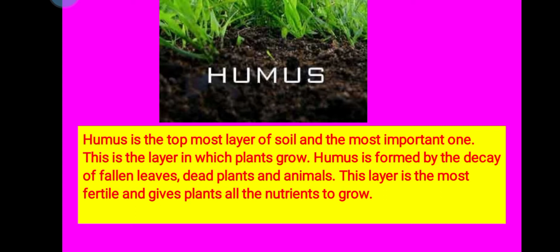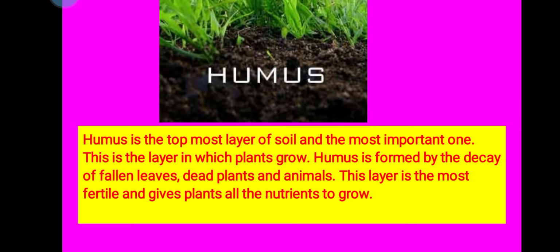And this layer is the most important one out of all the layers of soil, because this is the layer in which plants grow. This layer gives all the nutrients to plants so that they can grow properly. And this layer is formed when small animals or leaves and parts of plants rot in the soil.